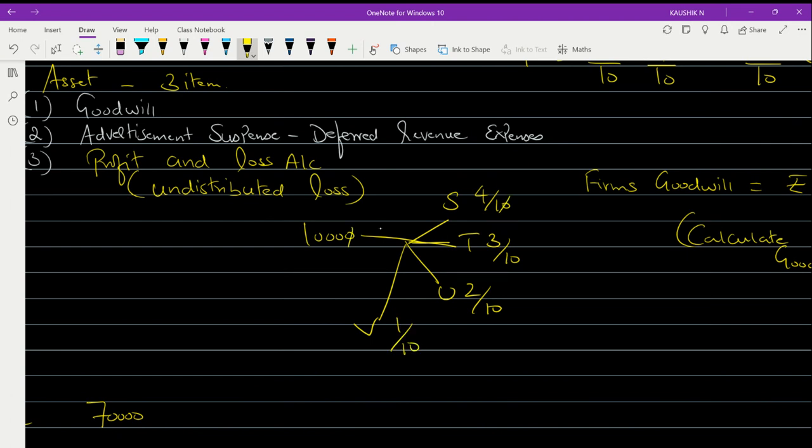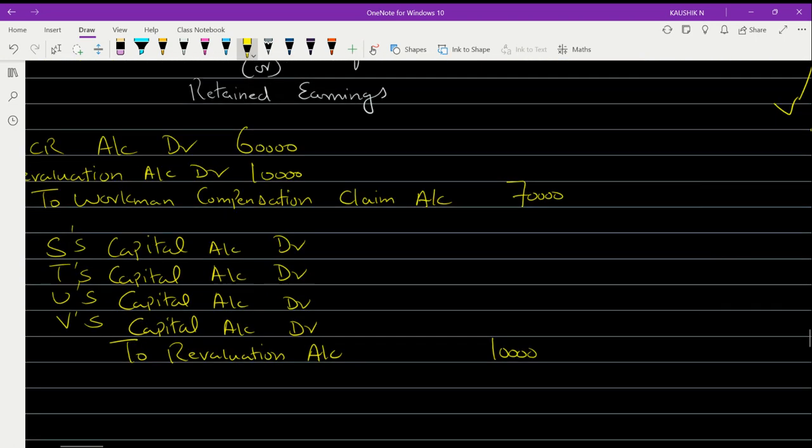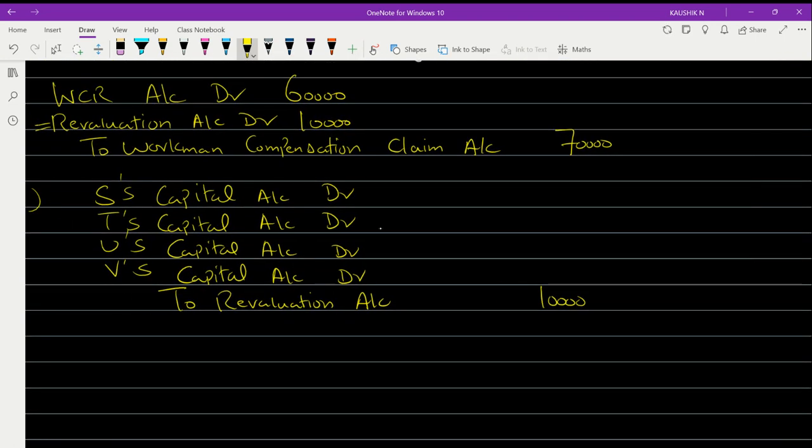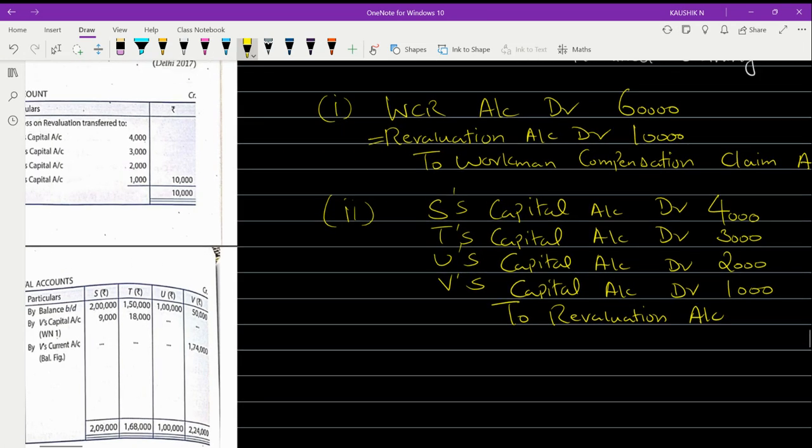So 4,000, 3,000, 2,000, and 1,000. So the amount will be distributed as 4,000, 3,000, 2,000, and 1,000. Any doubt up to this?